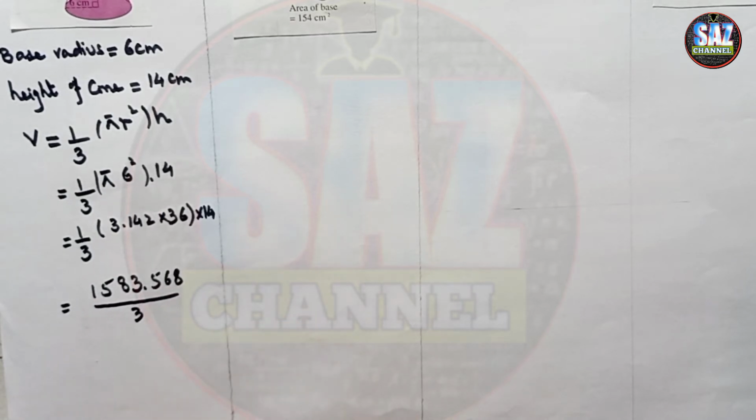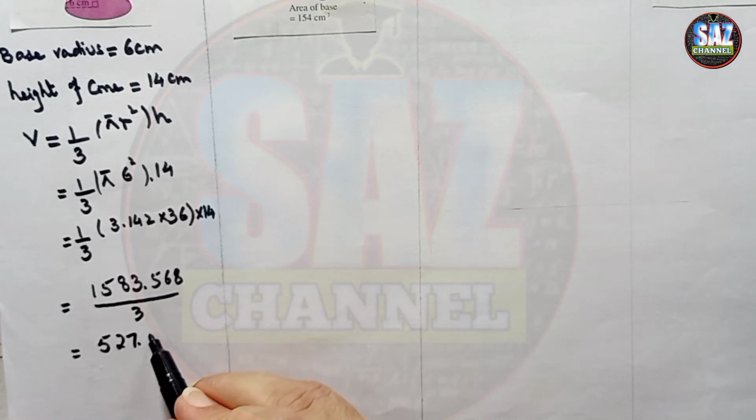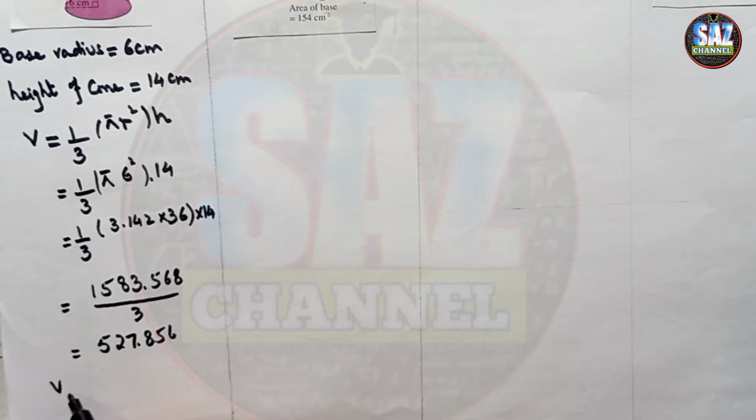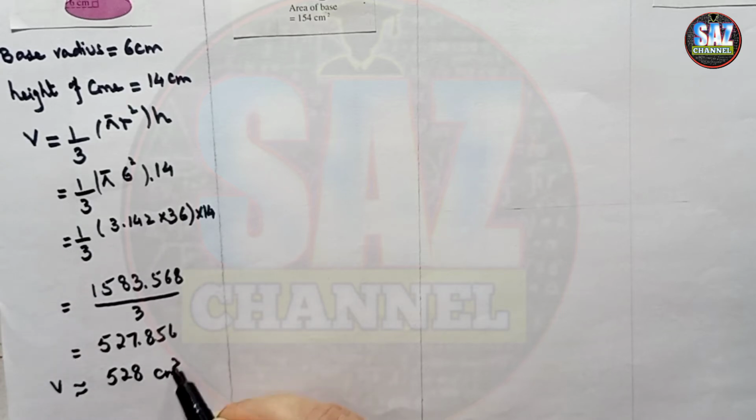This gives me 526.856. As I have to give my answer to 3 significant figures, my fourth digit is 8, so the volume will approximately be 527 centimeter cube. I hope you are clear about this question, and let's move to the second part.